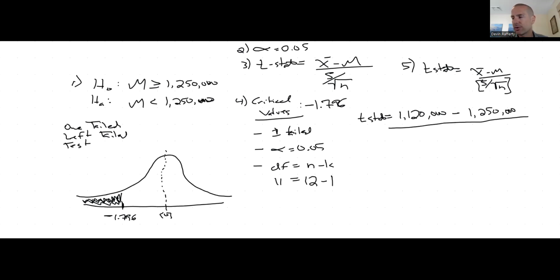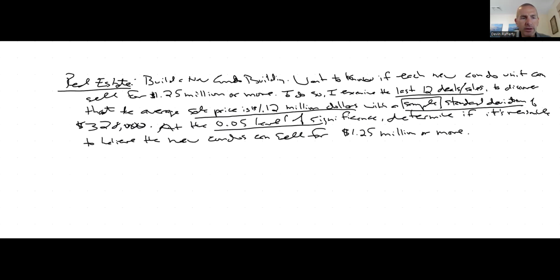It's the square root. The standard deviation of the sample was 328. I just want to make sure. I believe that number is right. I'm just double checking what I wrote. 328,000. Yep.